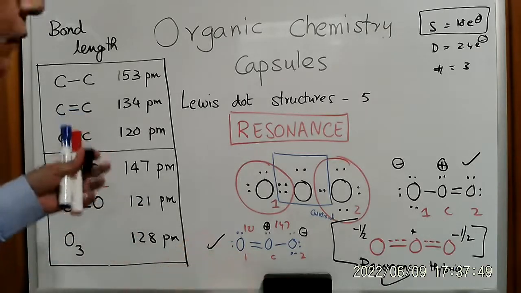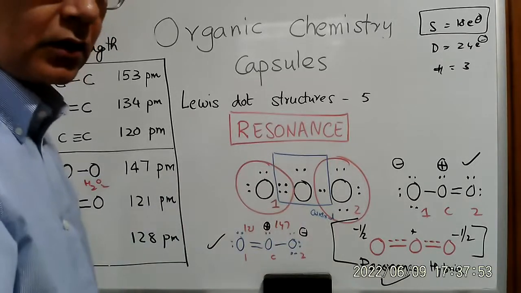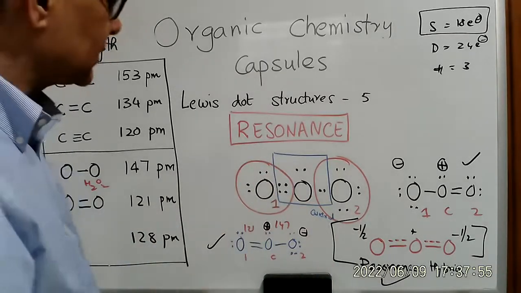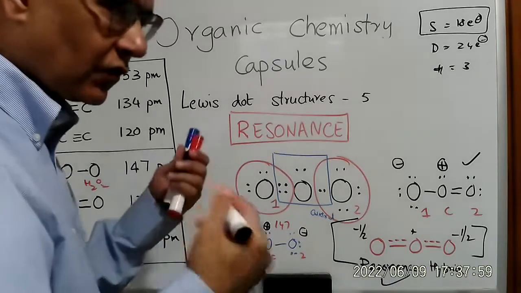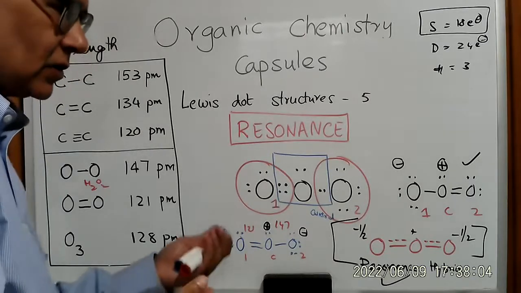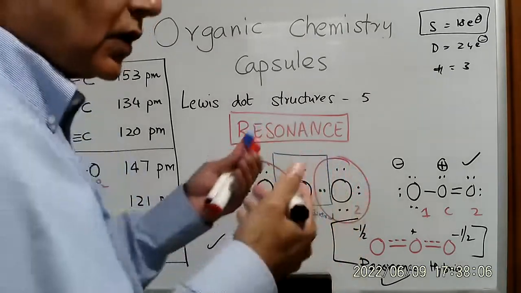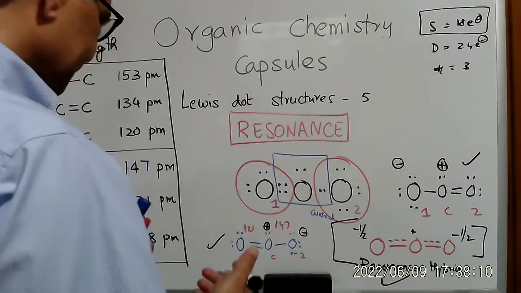Okay. To explain that, this resonance concept came about, and it's a very crucial concept. It's seen in thousands of organic compounds. It explains why one compound forms in a reaction, not something else, or one compound forms more than another compound, another product.